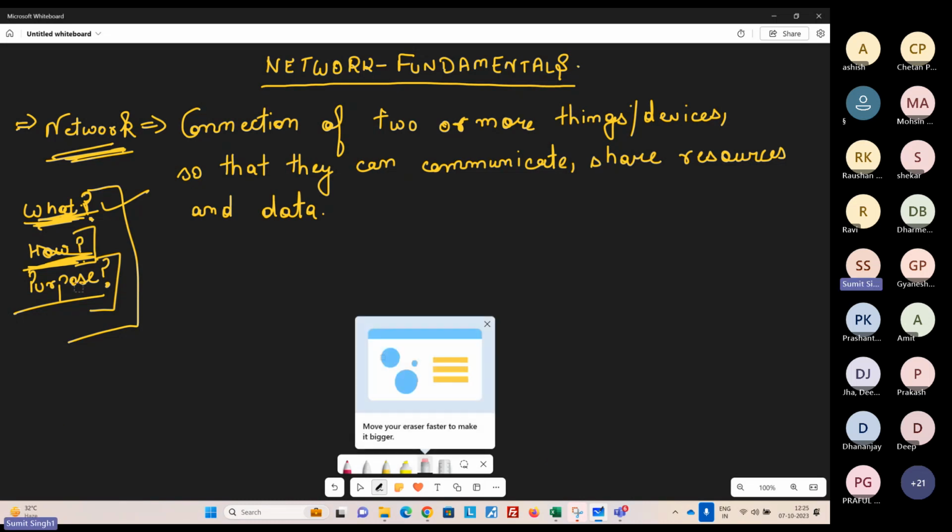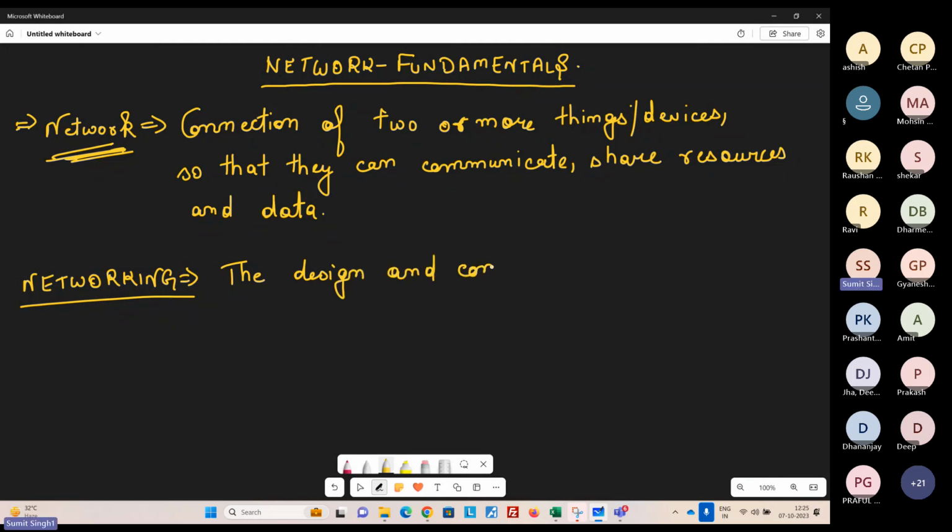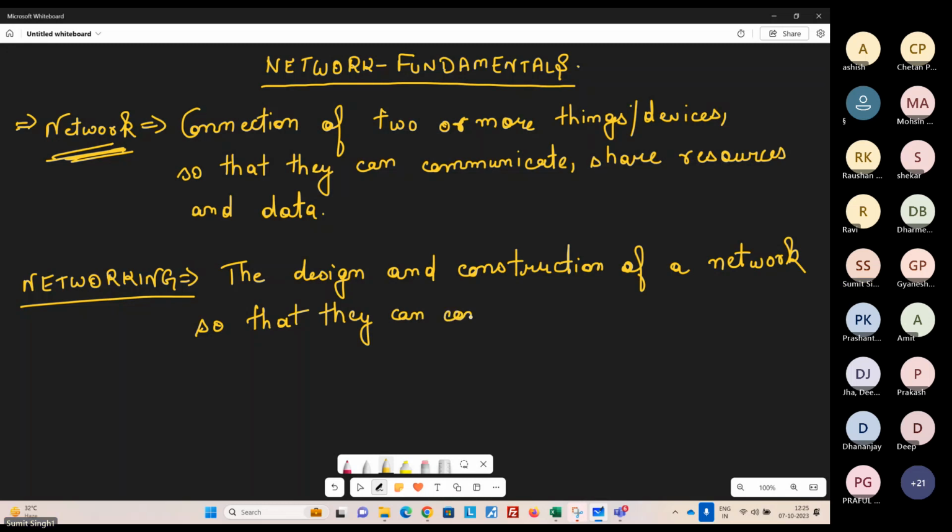And what is networking? Networking is simply the design and construction of a network so that they can communicate and share data and resources.